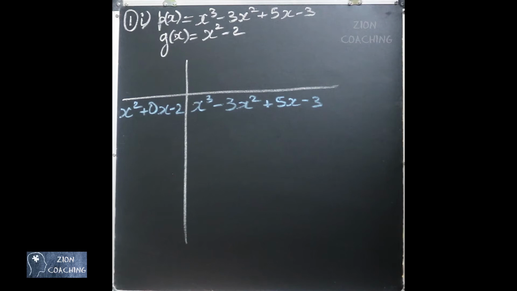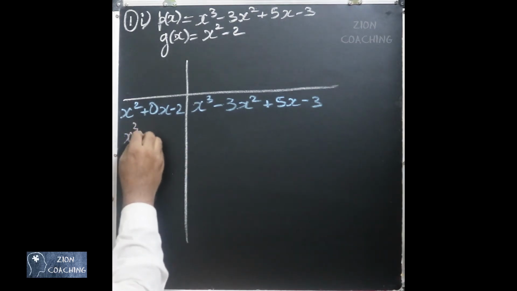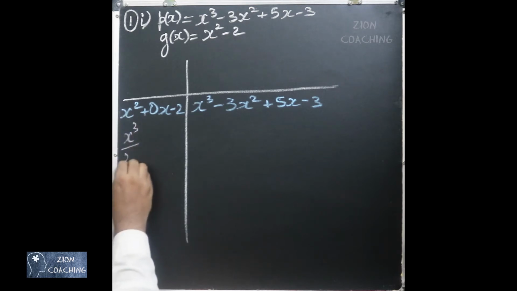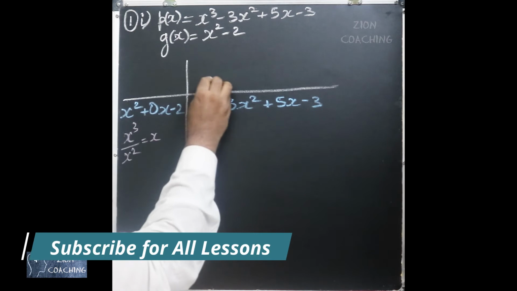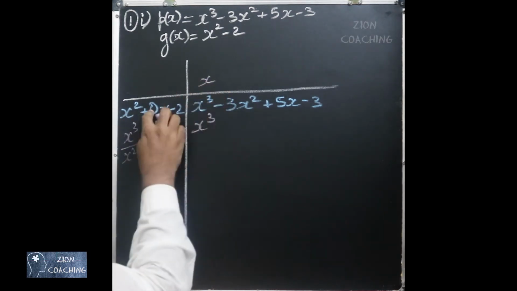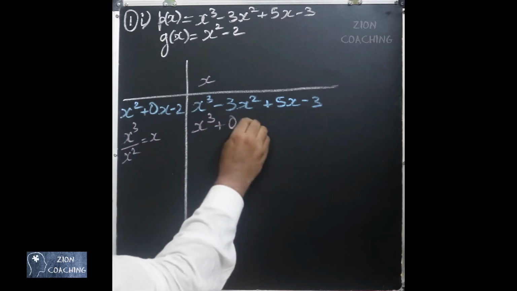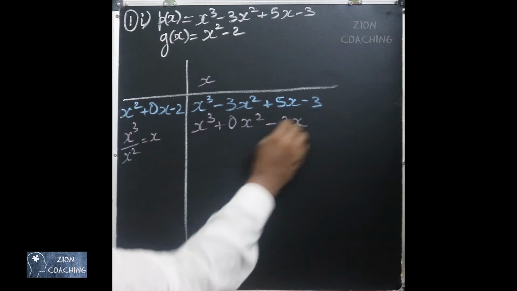Now comparing the first terms, we have x cube, we are going to divide by this term, so you are going to get x. X into x squared is x cube, x into 0x is 0x squared, x into minus 2 is minus 2x.